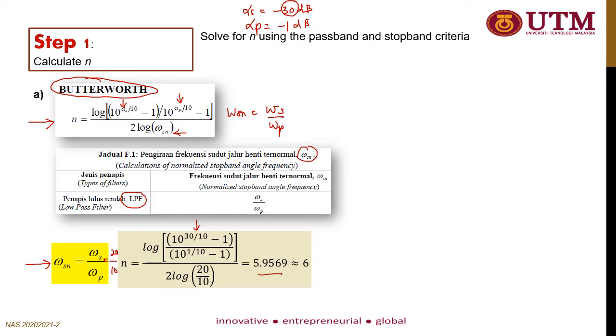Just ignore the negative sign. Then you calculate n equal to 5.9569. As in Chebyshev, you need to round up n to the next higher whole number. Therefore, in this case, n equal to 6.